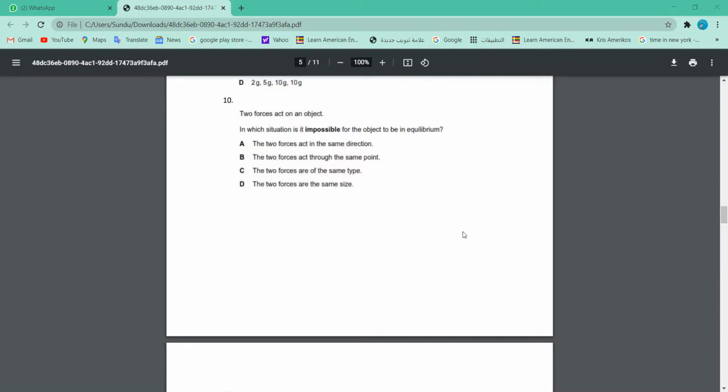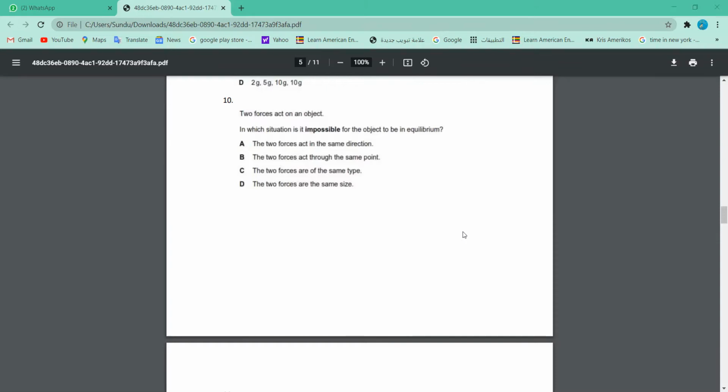So no matter what the size of the two forces is, whether they are small or big in magnitude, if they are in the same direction and they don't have any other force canceling them out, the object cannot be in equilibrium.